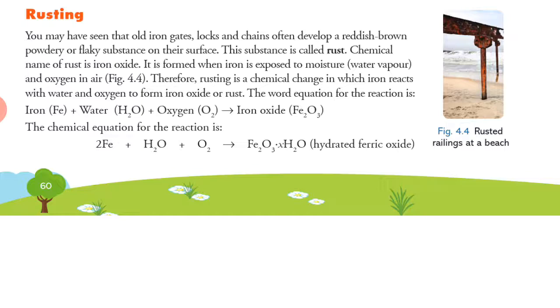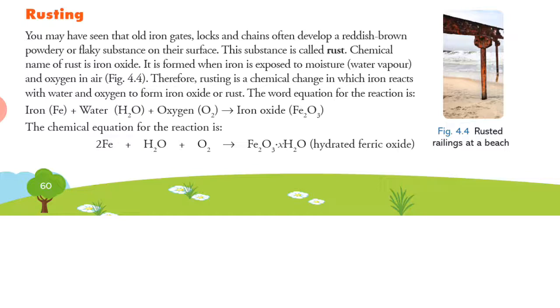The chemical name of rust is iron oxide. It is formed when iron is exposed to moisture, that is water vapor, and oxygen in the air. Therefore rusting is a chemical change in which iron reacts with water and oxygen to form iron oxide or rust.